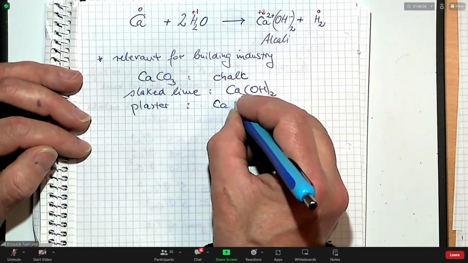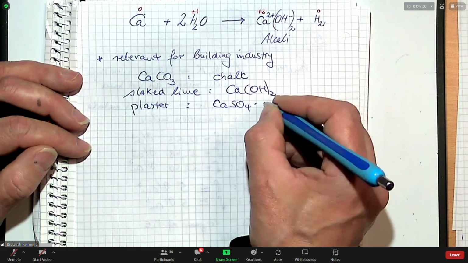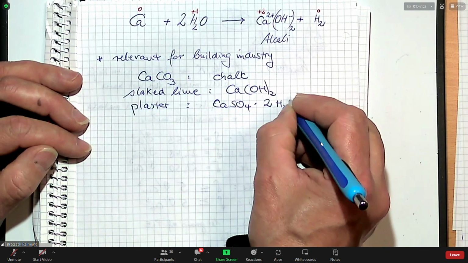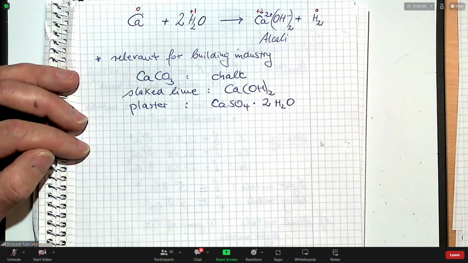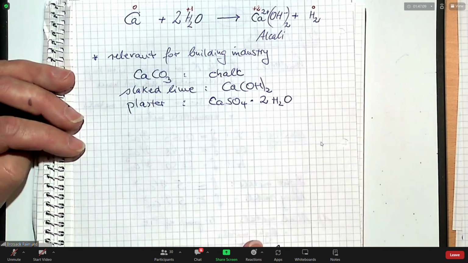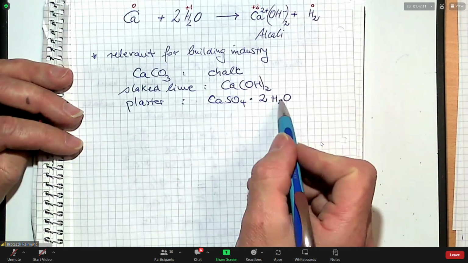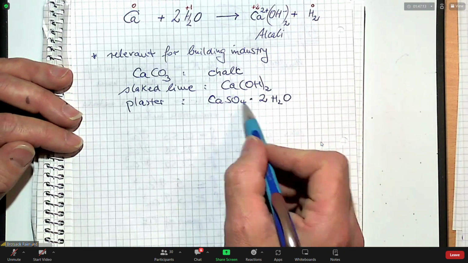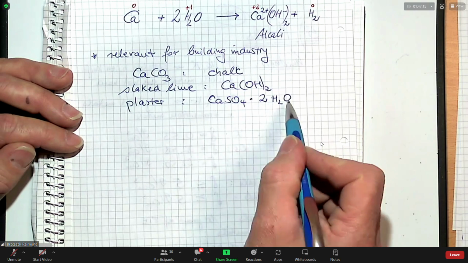which are added to the sulfate. Each time when we have a dot between two molecules, in this case when it is water, we call it crystal water.